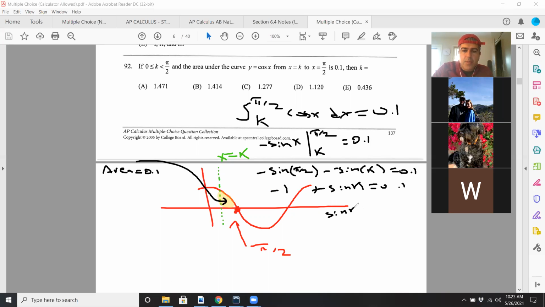So sine k equals, oh, that's a problem. That'd be undefined. Shoot, what did I do wrong? You can't do inverse sine of 1.1. What did I do wrong here?